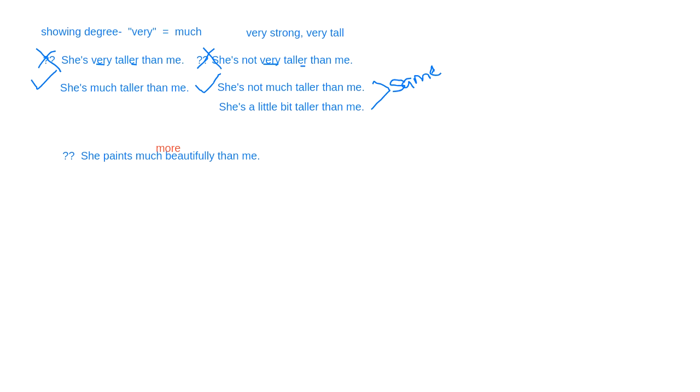Why do we need to have more in this one? Because we didn't put more with the taller. Because it's an adverb and the word ends with ly. Okay, you're getting closer. The reason is because it's a longer adverb.